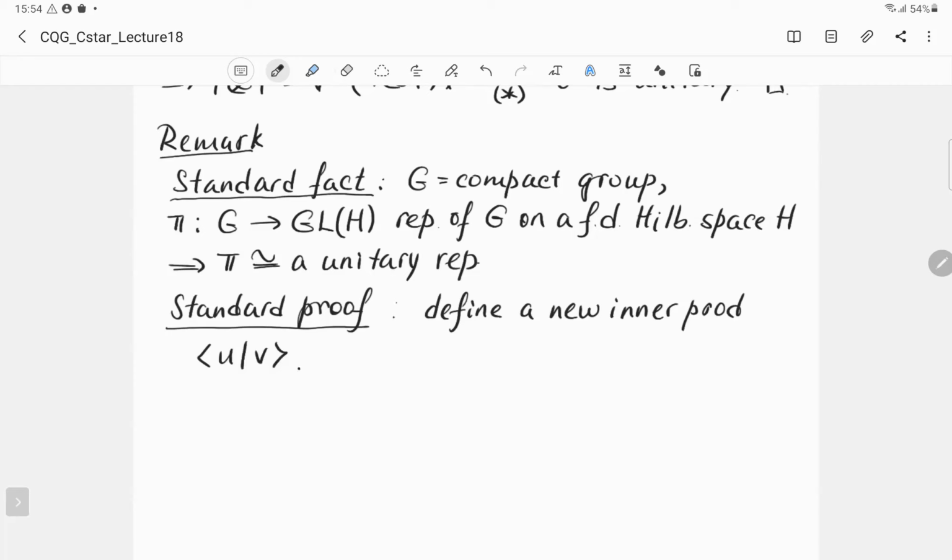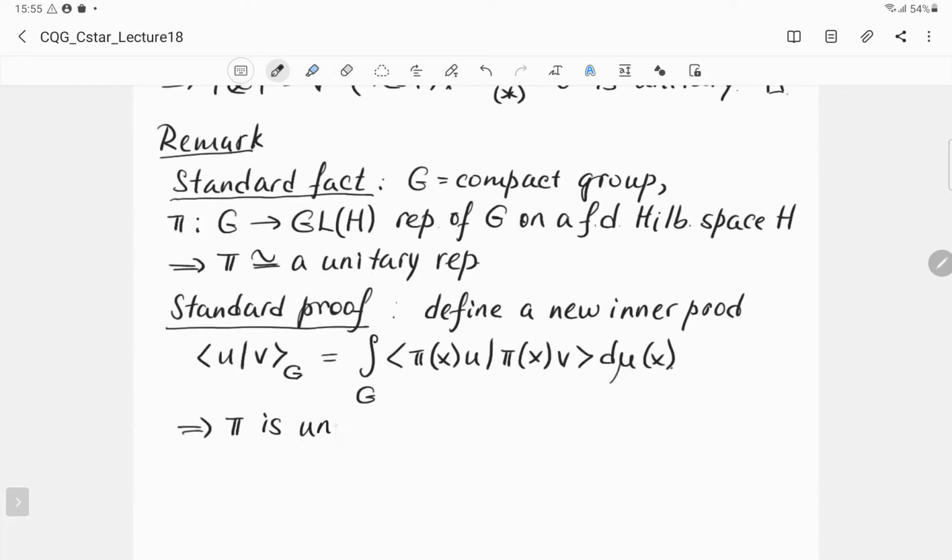It's denoted by inner product with the subscript G. So we integrate the following expression over G with respect to the normalized Haar measure: pi of x u and pi of x v. And then a simple computation shows that pi is unitary with respect to this new inner product.